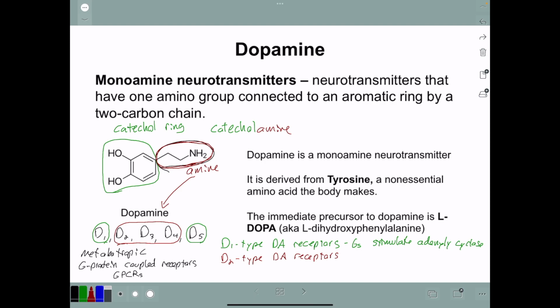And the D2 do the opposite. They have G protein subunits that are called GI. And what these do is they inhibit adenylyl cyclase.